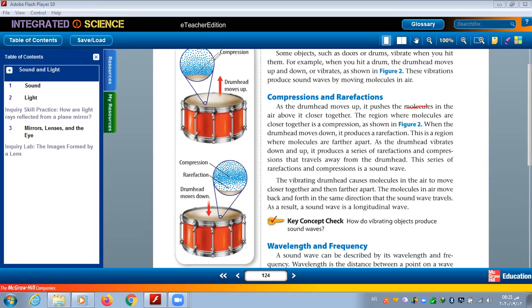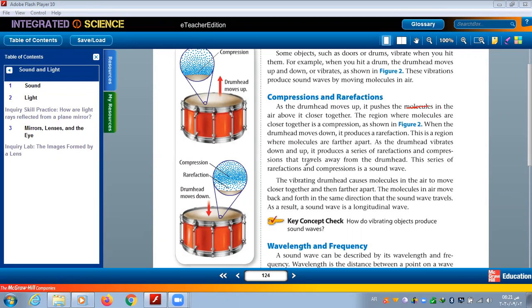Okay, you can unmute yourself, talk. Amazing. Compressions is when the particles join together or be closer to each other, and rarefactions is when the particles move away a little bit from each other.